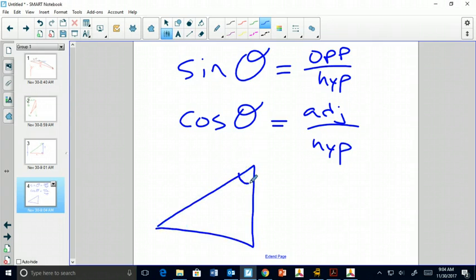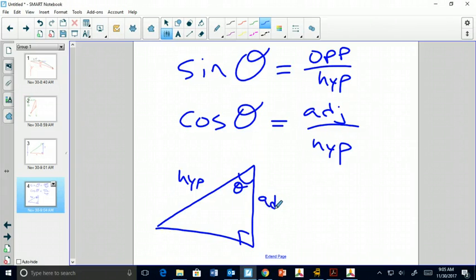Right? So if I know this angle, if this is my theta, right? Hypotenuse is always the one opposite of the 90 degree, right? Always. But how do I know, is this adjacent or is this adjacent? How do I know? The one that's connected to that theta, right?